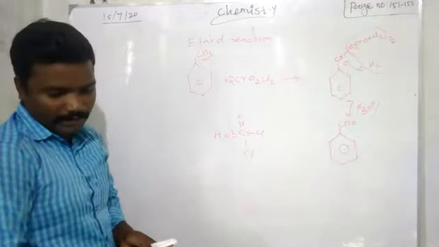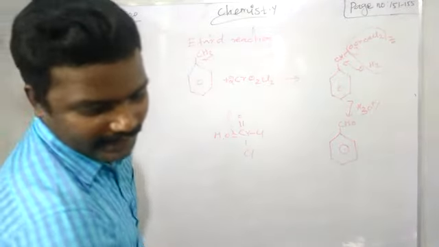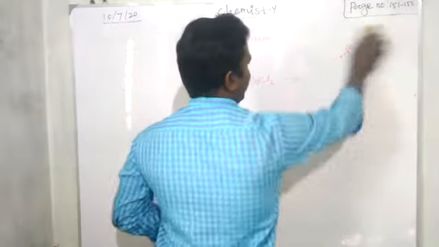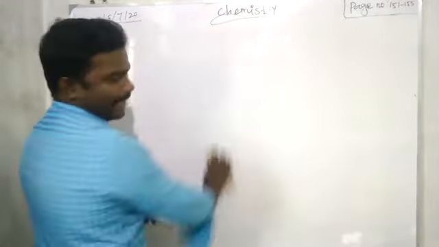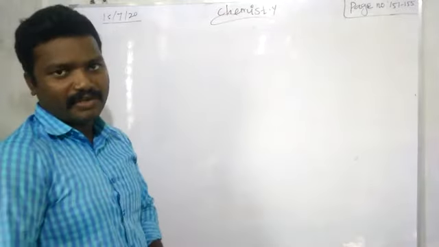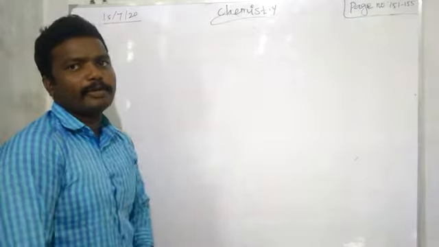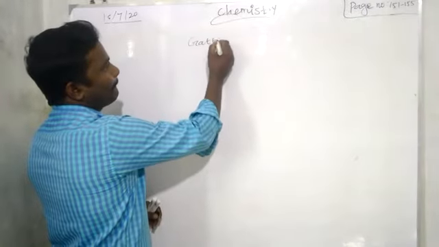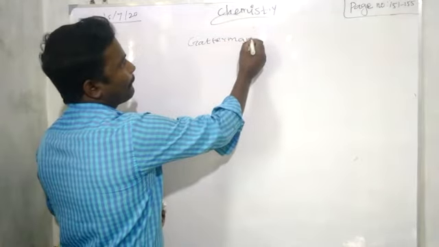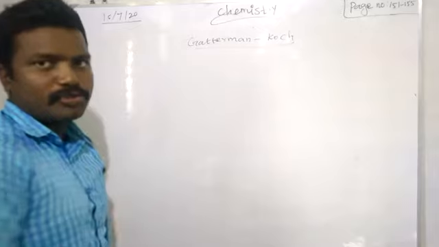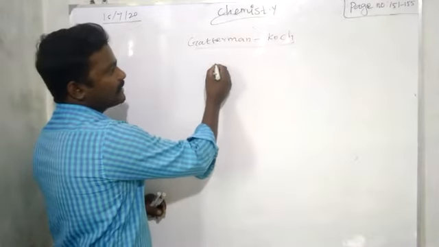Okay, then we are going to learn the next preparation, the Gattermann-Koch reaction. The Gattermann-Koch reaction is also like the Friedel-Crafts reaction. From benzene we are going to prepare benzaldehyde. In the Gattermann-Koch reaction, we are going to take benzene.